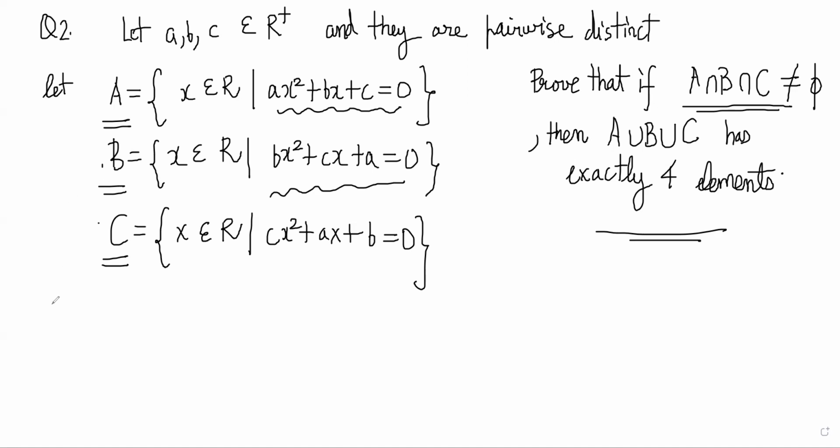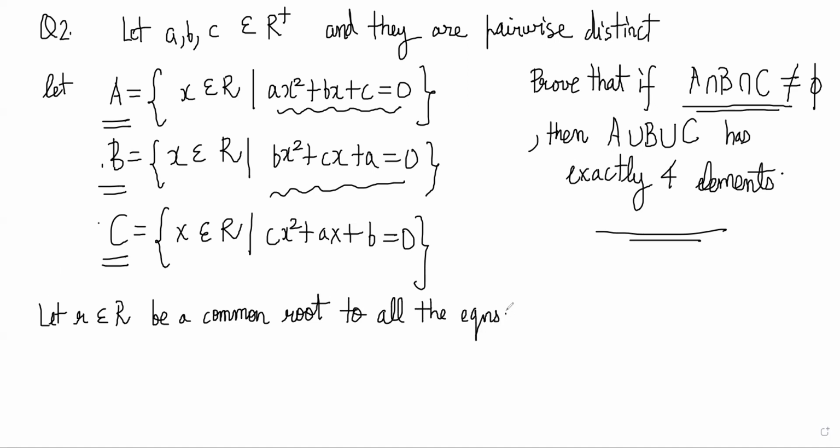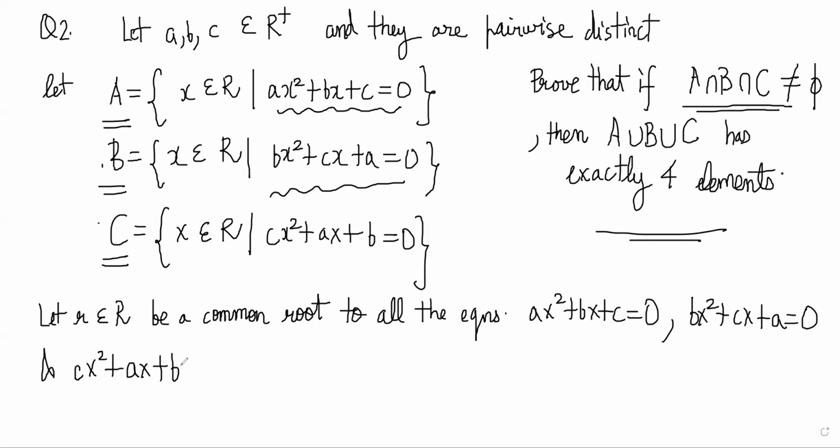So let's start by saying let r belonging to real be a common root to all the equations, ax squared plus bx plus c equals 0, bx squared plus cx plus a equals 0, and cx squared plus ax plus b equals 0, right?